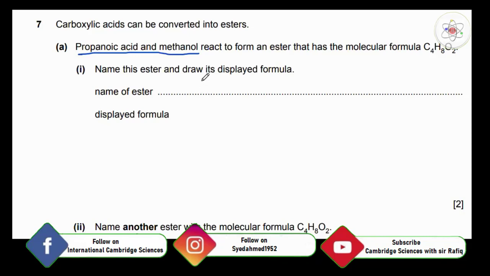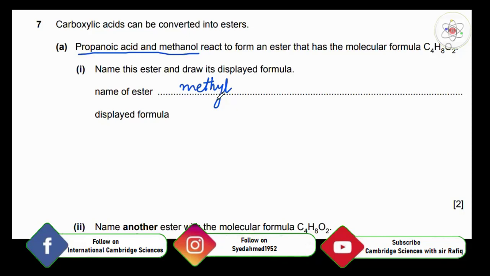So name this ester and draw its displayed formula. So the name of the ester is very easy to tell. Why? Because we would see what is the alkyl group in the alcohol. So methanol has a methyl group, so we will write the name of the alkyl group attached to form the ester first. So methanol has a methyl alkyl group, so we would write first methyl.